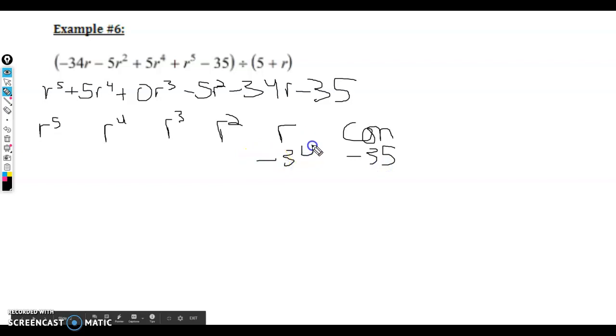Once again, pause this as you need to. Follow the notes. I understand this looks rough. And then my coefficient in front of my r to the 5th is really 1. If I set this equal to 0, my magical number is negative 5.